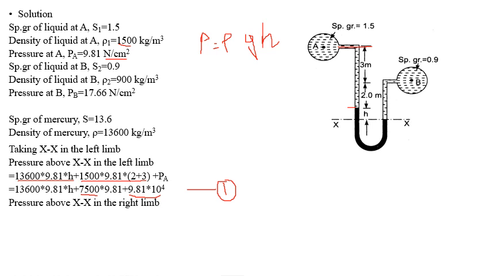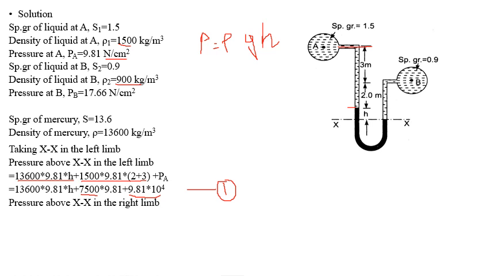With respect to that, the pressure available at that right limb is equal to rho, the density of the liquid. The density of the liquid is already calculated, that is the specific gravity of the liquid is 0.9. So then the density of the liquid is 900 kg per meter cube. The g value is constant 9.81.